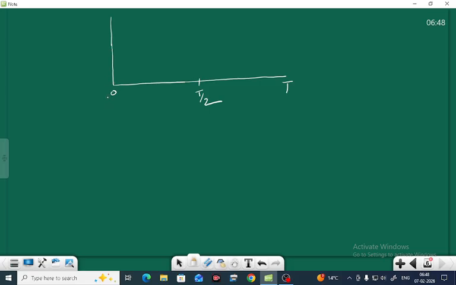So first we will find the kinetic energy. The kinetic energy is 0 at the extreme position, this point. So the kinetic energy will be like this.